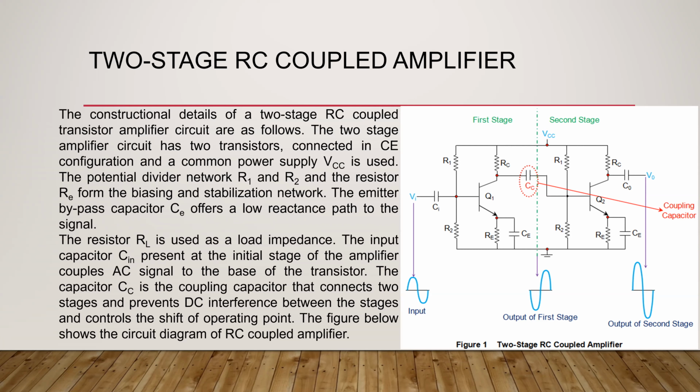Suppose I generated a gain of 100 in the first stage, and due to loading effect, if both impedances are equal, only 50% is connected to the second stage due to impedance mismatching. Therefore, instead of getting 100%, I'm getting only 50%, so the overall gain is also reduced by 50%.